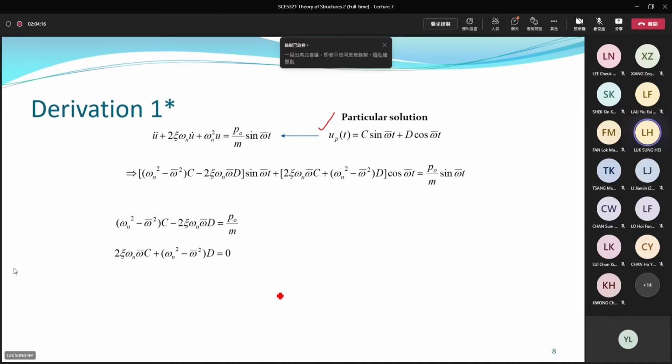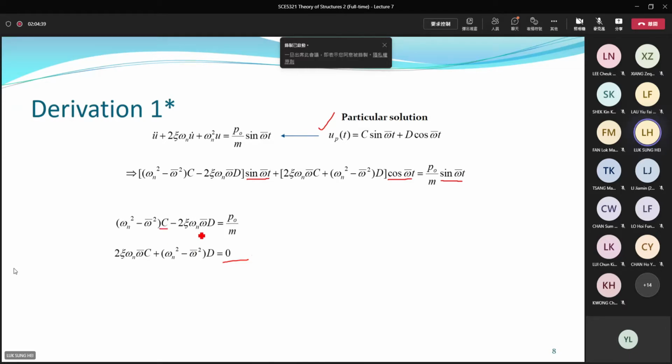And then you can do a comparison. On the right-hand side, we have a sine function, so the coefficients can be matched to each other. Cosine terms disappear, because on the right-hand side there are no cosine terms. By doing this matching, you can obtain two equations.